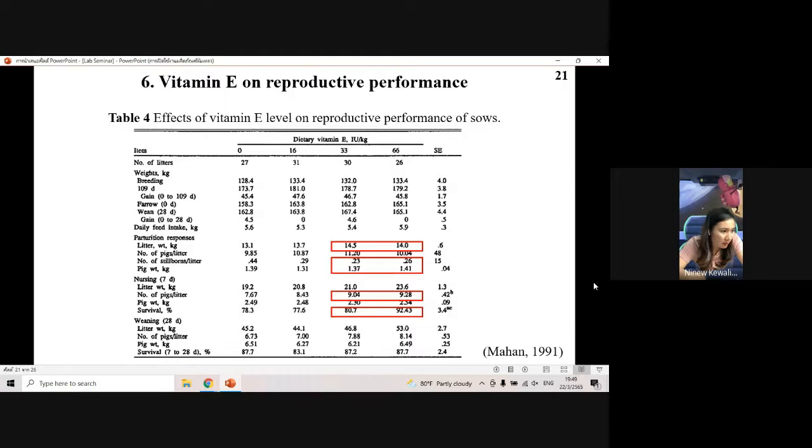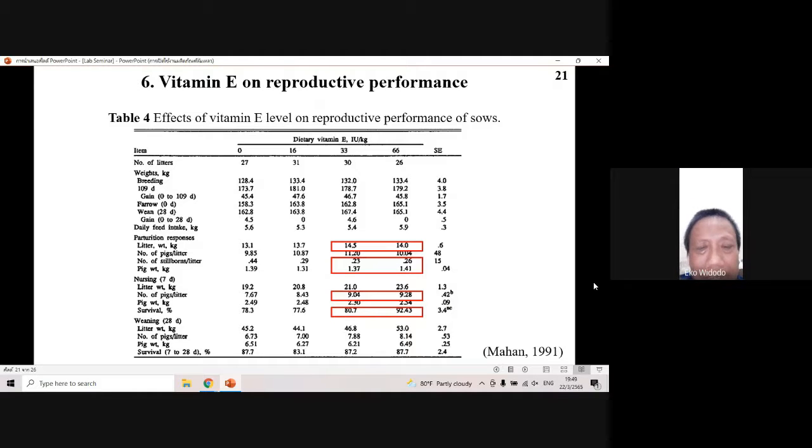I think it can enhance, but we cannot compare these two researches. But these are two different results of research, different journals, I mean. Yes, but I think it can enhance the performance of the piglet if we supplement the vitamin E. Okay, thank you.